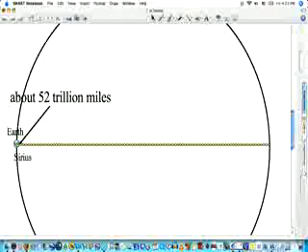So each one of these tiny little spaces is 52 trillion miles, and there are millions and trillions of these little microbes along in a row. We're going to suppose that this line of microbes, which spans longer than we have numbers for almost, is the diameter of a new circle. And we're going to create this circle around all of these microbes.